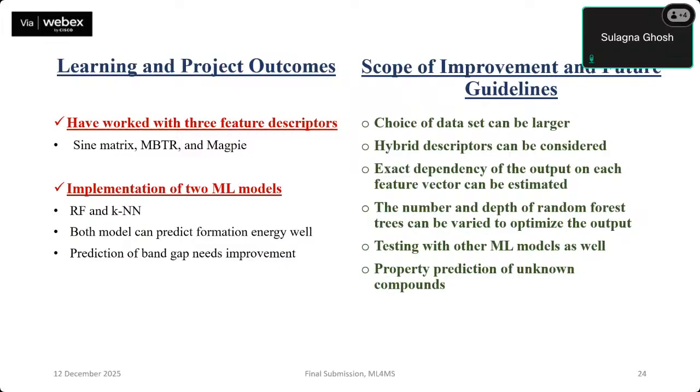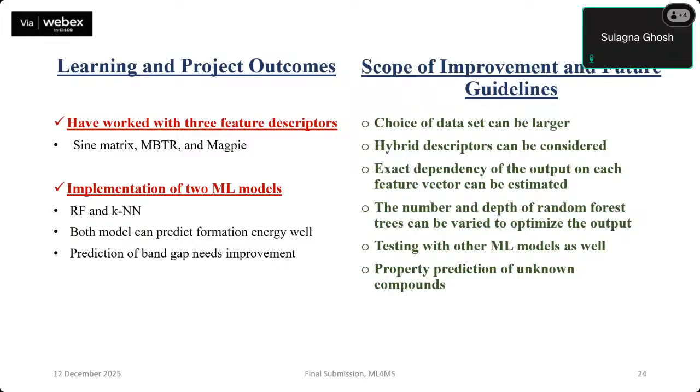Both models can predict the formation energy well. We have got an R square value above 0.8. But the prediction of band gap still needs improvement. Although using random forest and Magpie features we have found it around 0.7, it still can be better.